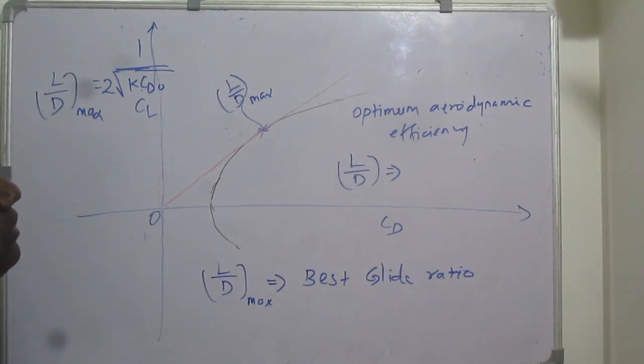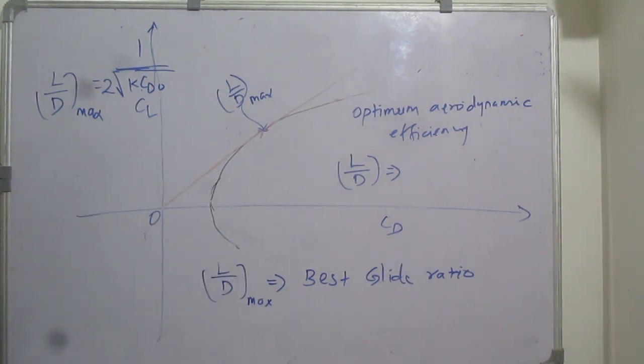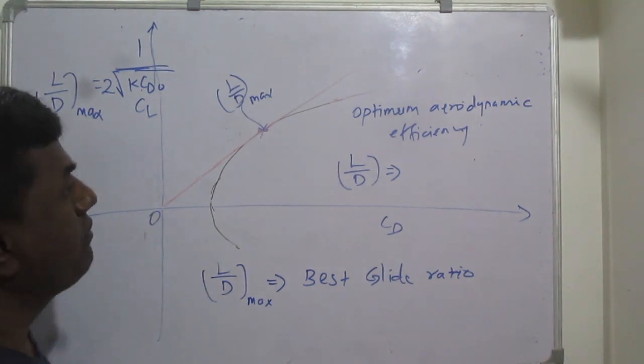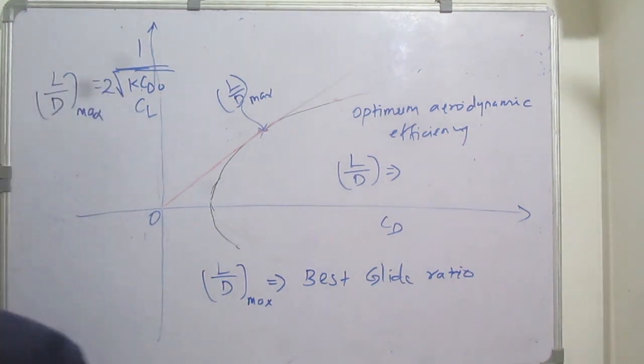So I hope it is clear how to find the L by D ratio from the graph and also from the analytical or theoretical calculation. We will see more about performance in the next video.